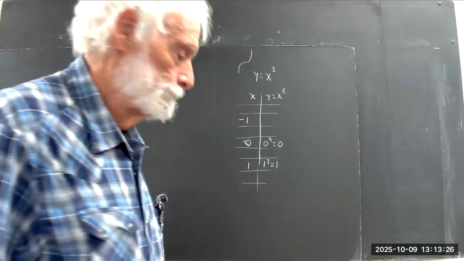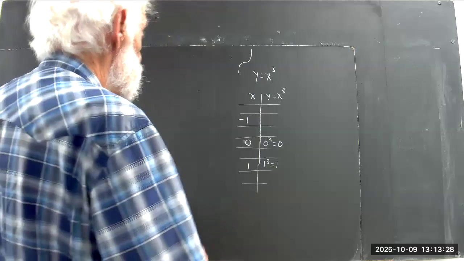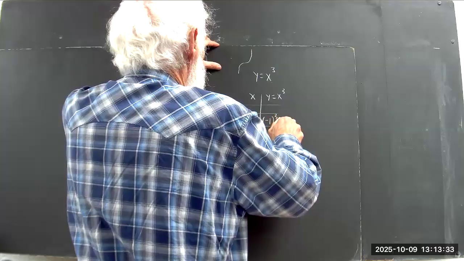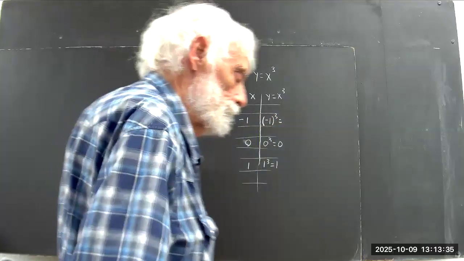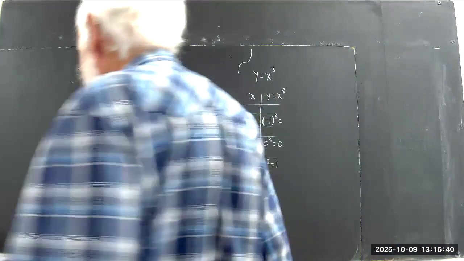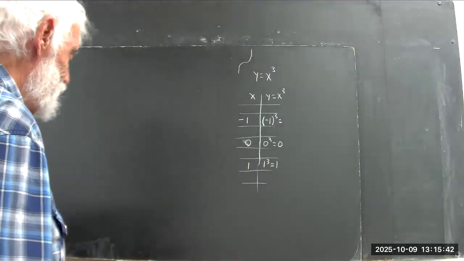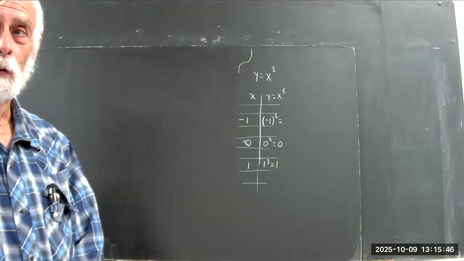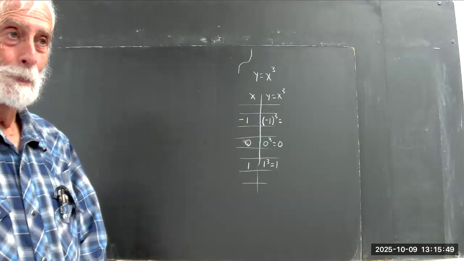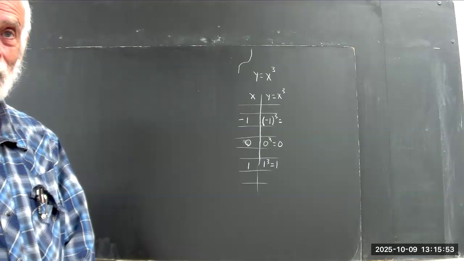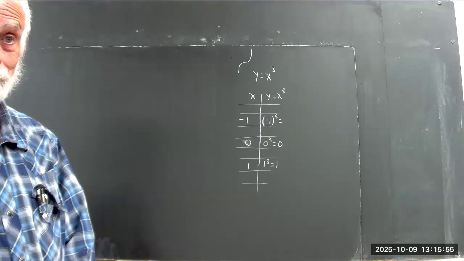Cube -1. Okay. I'm seeing the result of overuse of calculator all over the place here. About half the class couldn't do this. Couldn't cube -1 without reaching for a calculator.